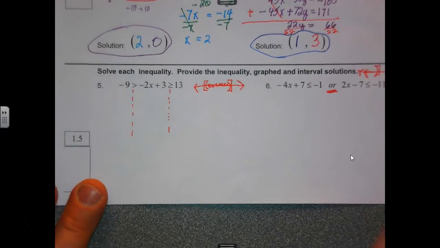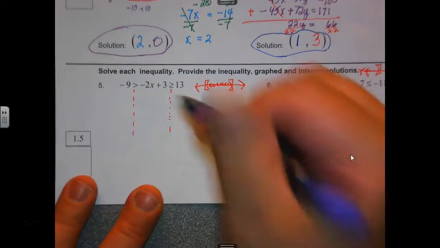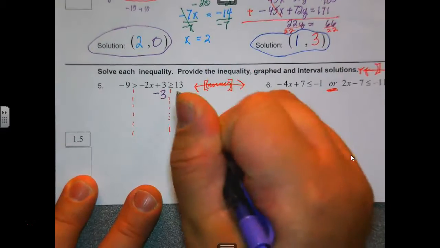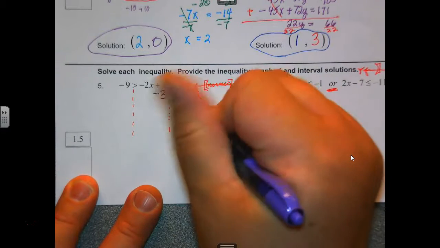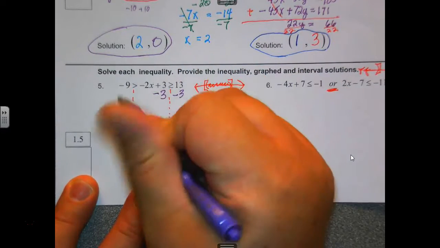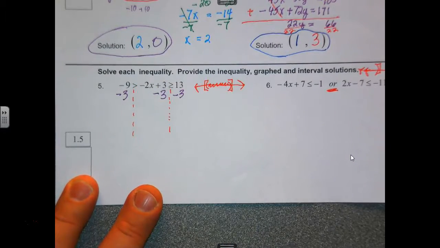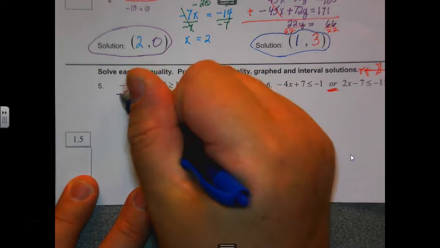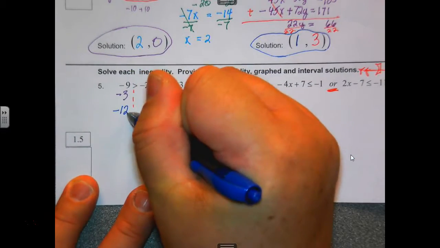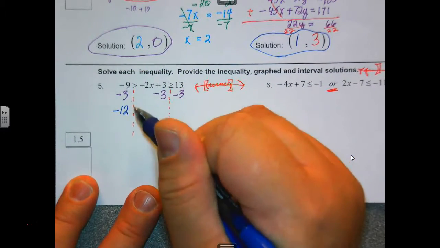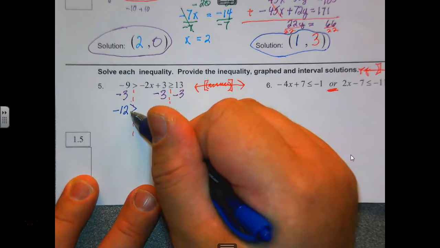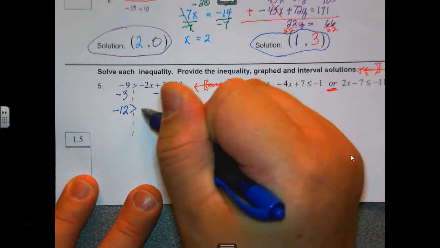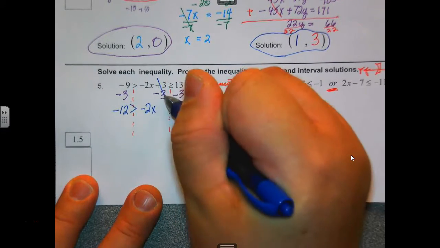All right, let's solve for x. Let's subtract 3 from both inequalities. There's 2 inequalities here. They're condensed. So I'm going to subtract 3, subtract 3, subtract 3. Okay, I get negative 9 minus 3 is negative 12. I did not divide by a negative number, so these stay the same. I get negative 2x.